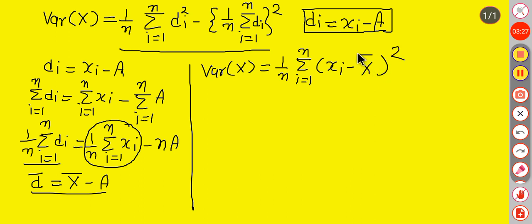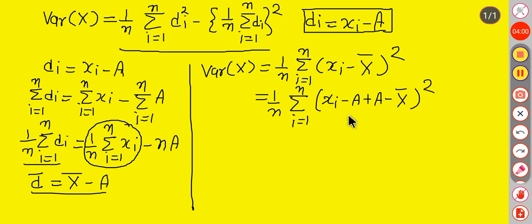That is the formula for the variance. Without expanding it, I am just subtracting a and adding a. So xi minus a plus a minus x bar whole square. So I have just added and subtracted a.